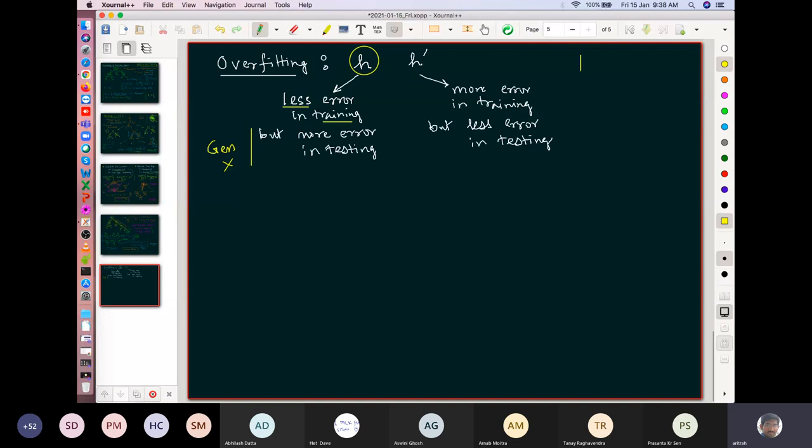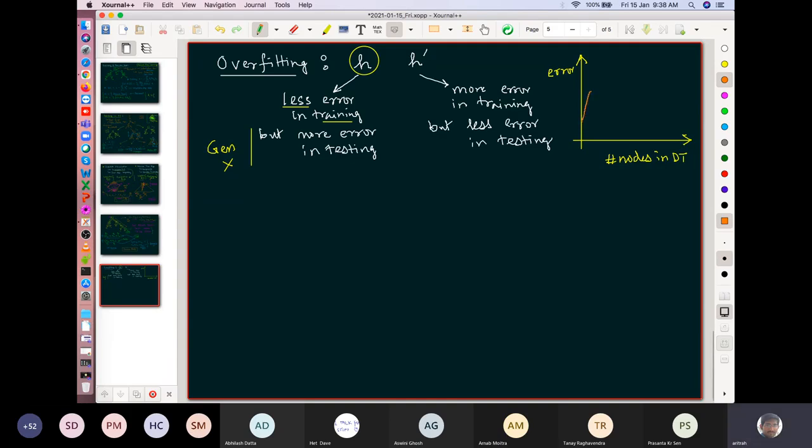So what this means is that, let's say we try to draw a pictorial description of this overfitting. Suppose this is the number of nodes in the decision tree, or maybe the depth of the decision tree, and this is the error that we get.